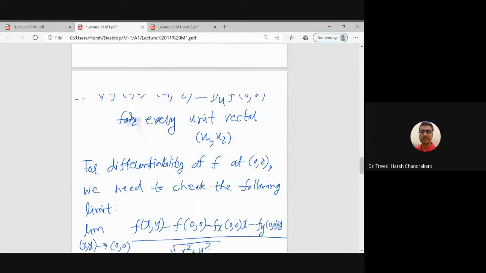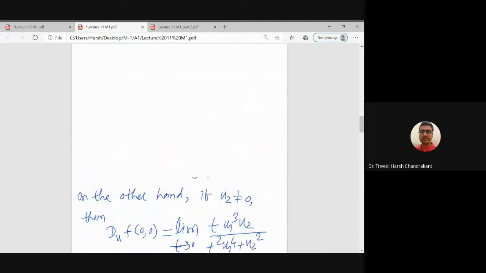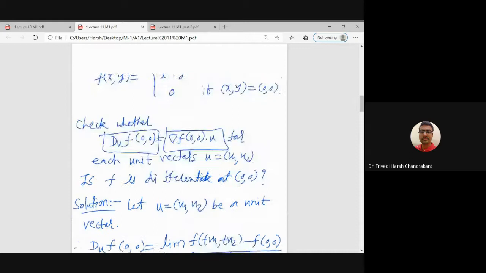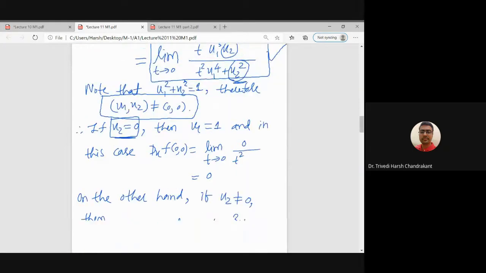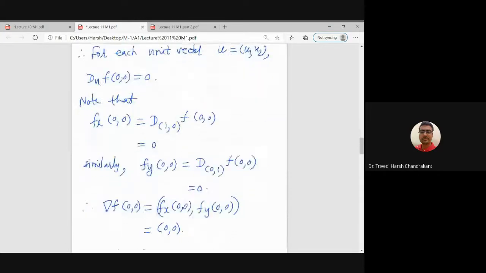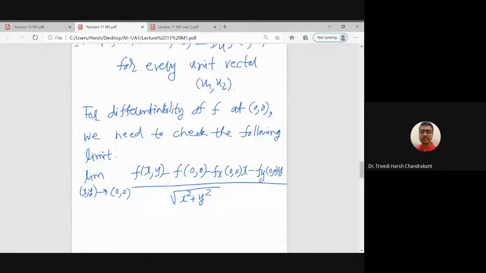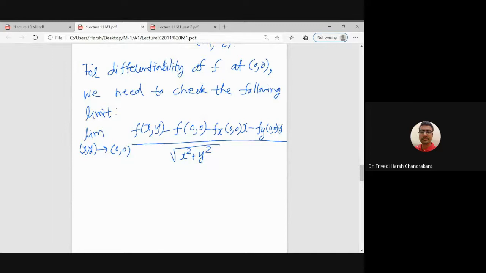Let us go to the definition again: the function is x cubed y divided by x power 4 plus y square when the point is not the origin, and at the origin the value of the function is 0. And also we know that fx and fy are 0 at the origin. So all these values we can substitute here.